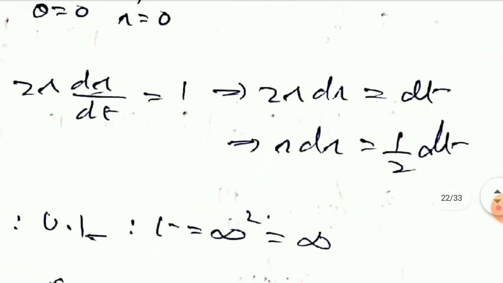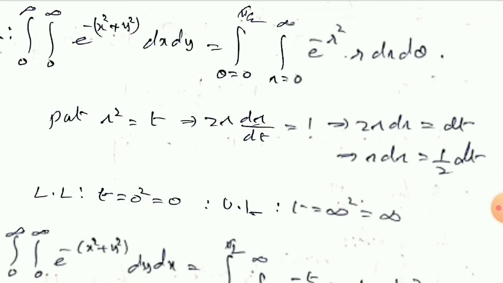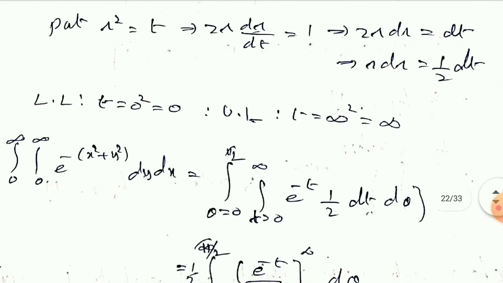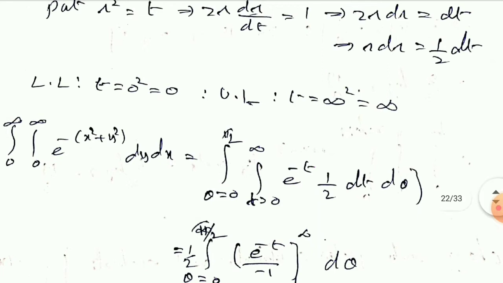When you are changing into another variable, you need to verify the limits also. R limits were previously 0 to infinity. If I substitute r equal to 0 here, you will get t also equal to 0. If r is infinity, t is also infinity. So the same integral, theta with no change, 0 to pi by 2, and instead of r, I write t equal to 0 to infinity.